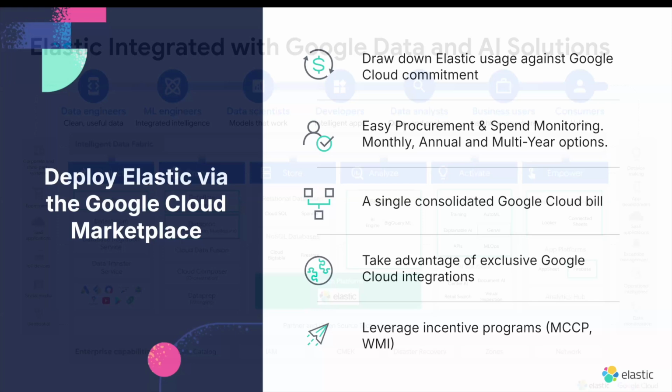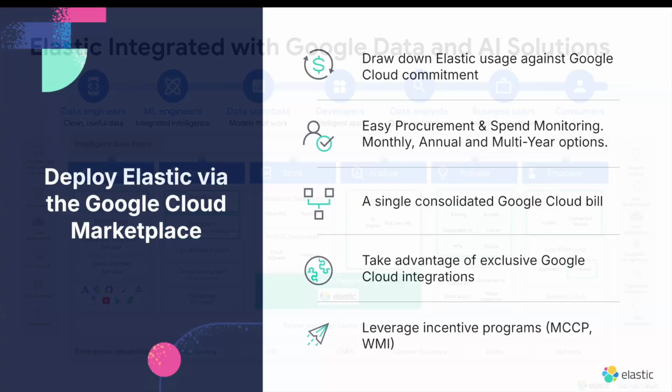Now, how can you get to deploying Elastic on Google Cloud? Elastic is available on Google Cloud Marketplace. Someone asked me what exactly Marketplace is during the networking event. If you're not familiar with it, Marketplace is a portal where you can browse and purchase various third-party ISVs, different products, on the Google Cloud platform. We call them technology partners. So Elastic is on Marketplace.